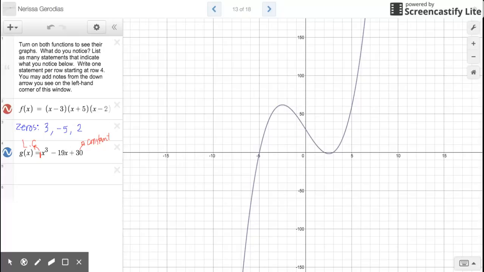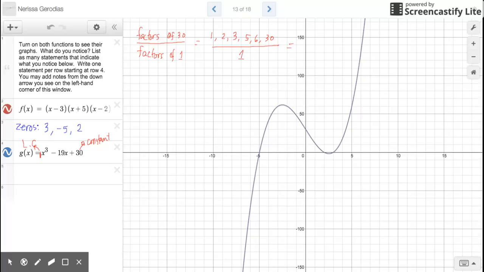So let's find the factors of 30, and we put under the factors of 1. We know that the factors of 30 are 1, 2, 3, 5, 6, 10, and 30, while the factors of 1 is just 1.